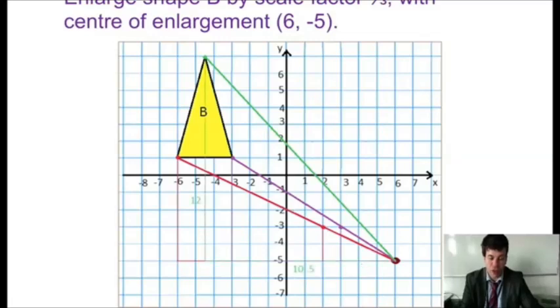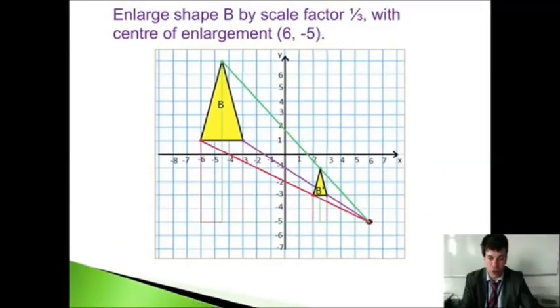The green vertex is 10.5 units to the left, 12 units up. A third of 10.5 is 3.5. A third of 12 is 4. So from the centre of enlargement, 3.5 units to the left, 4 units up. You can see that by joining up the 3 vertices, we've formed another isosceles triangle, named B prime. Each side is a third the length compared to the object.